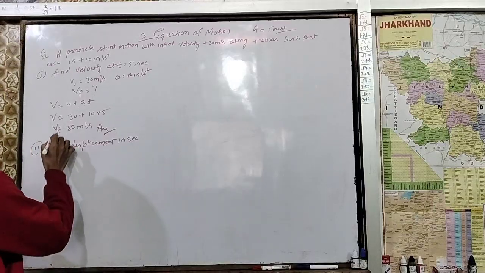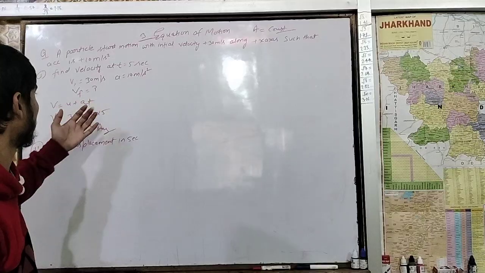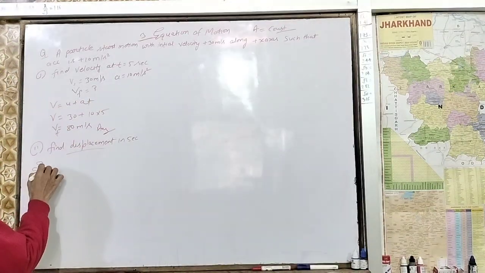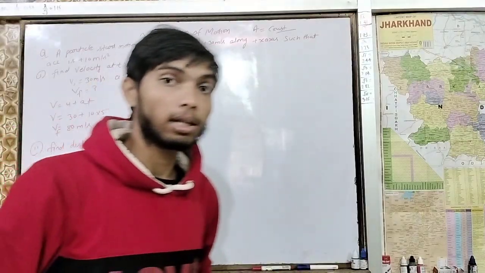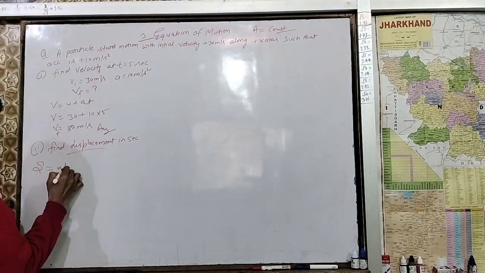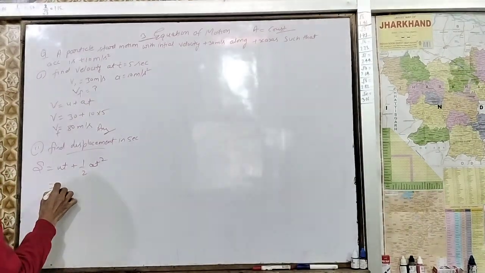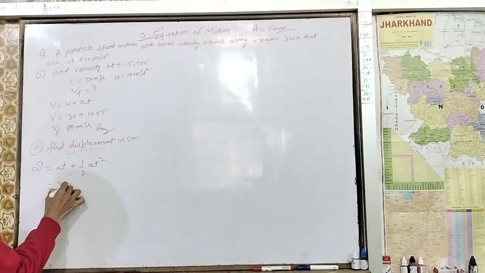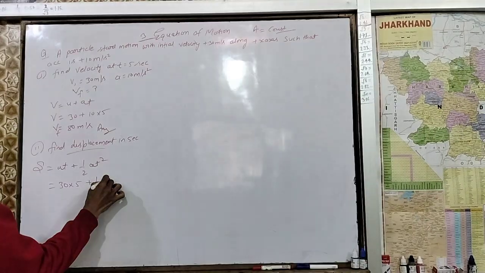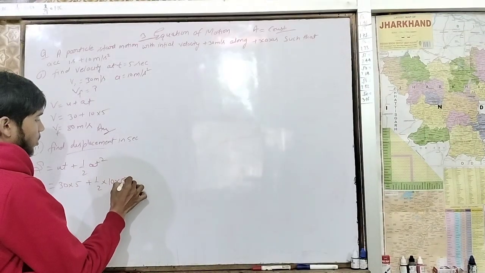For this, we should have initial and final velocity, which we have. So for displacement, we use the second equation of motion, which is S is equal to ut plus half at square. U is 30, t is 5, half multiplied by a, which is 10. Yes, a is 10. T is 5 raised to power 2.